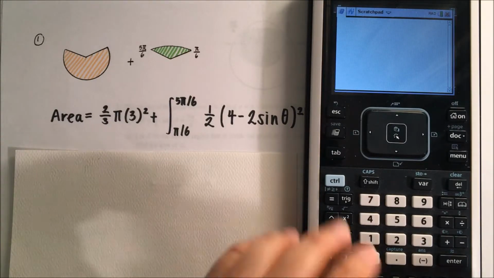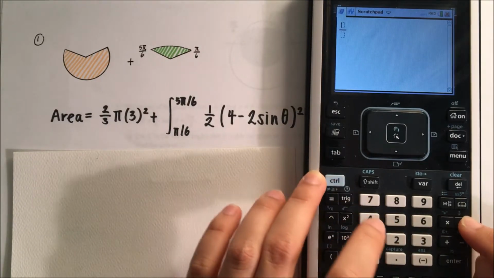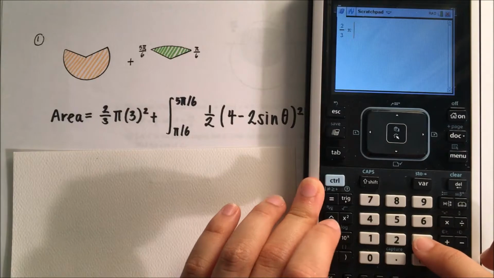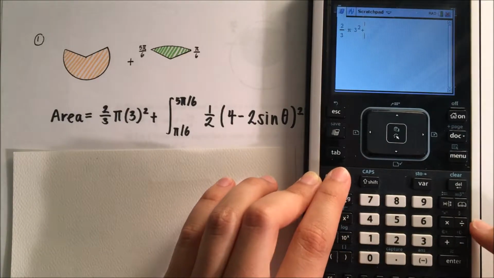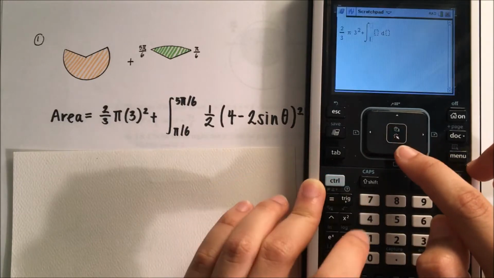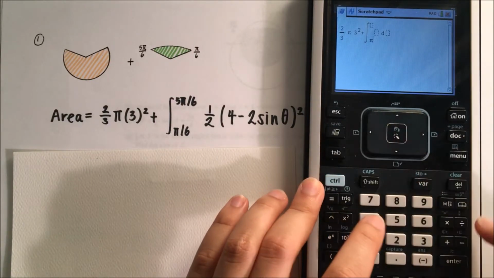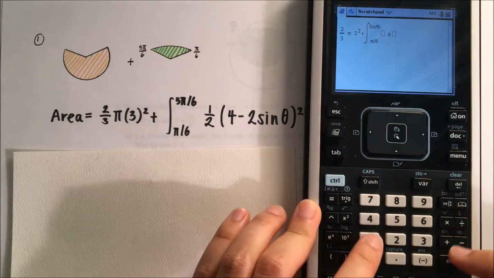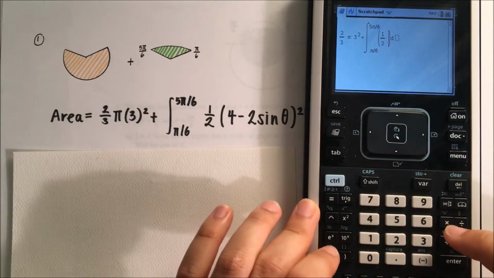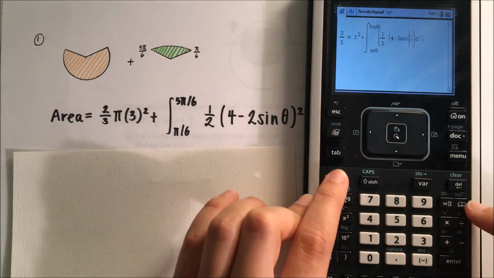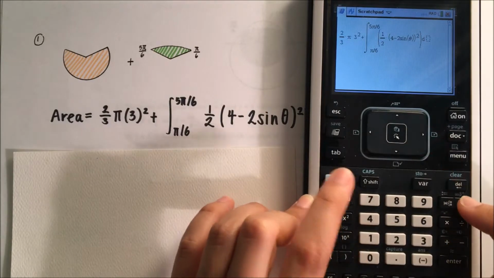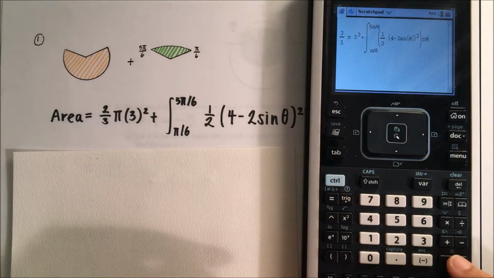Now we input that into our calculator. And we round to 3 decimal places for the area.